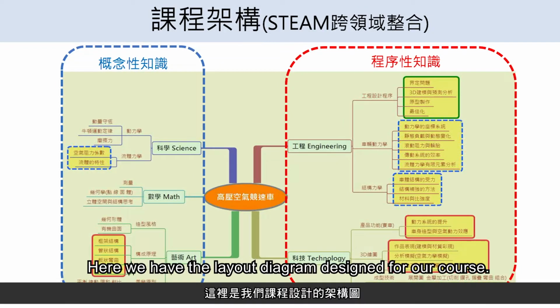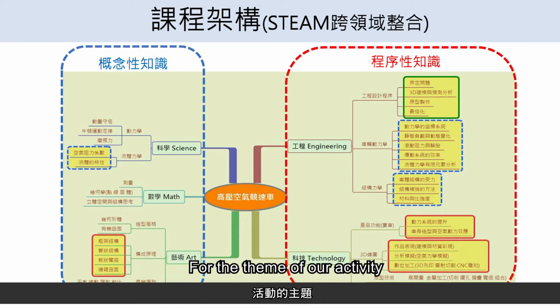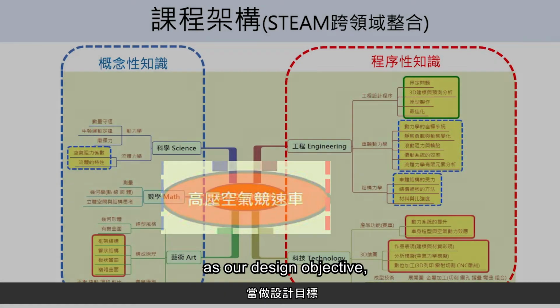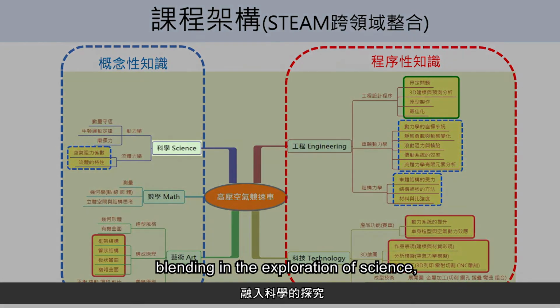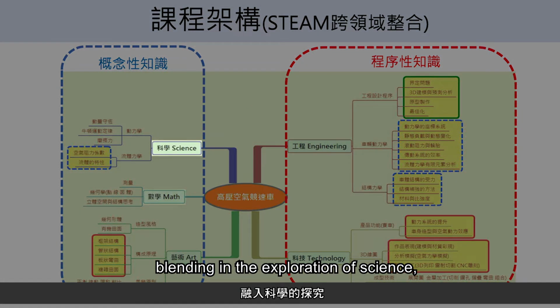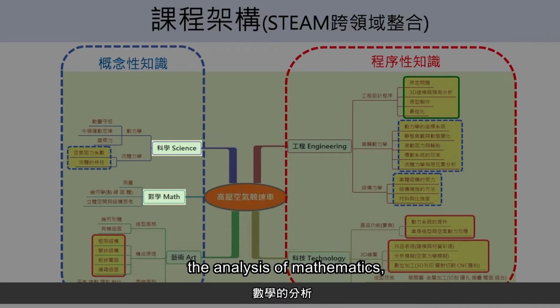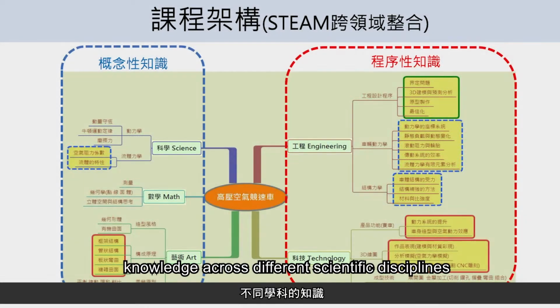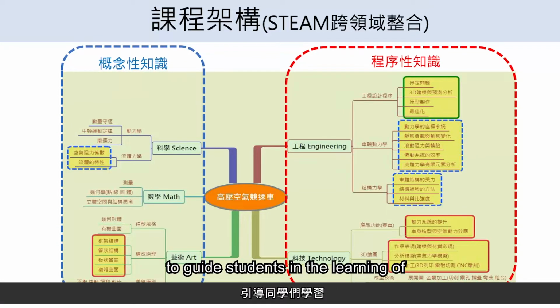Here we have the layout diagram designed for our course. For the theme of our activity, we will use compressed air racing cars as our design objective, blending the exploration of science and analysis of mathematics, the design of art, technological skills, and engineering design knowledge across different scientific disciplines to guide students in the learning of solving problems of the real world.